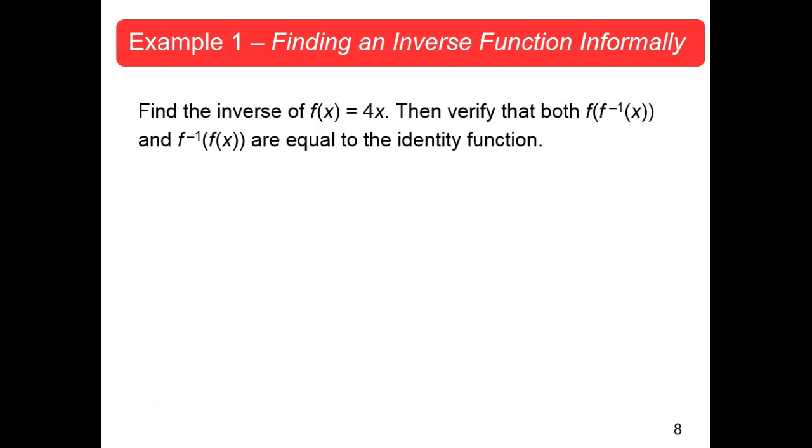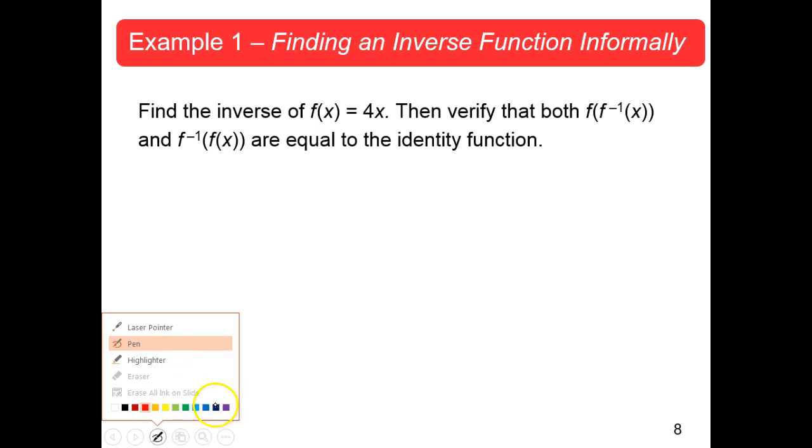What would you guess the inverse function of multiplying x by 4 might be? What operation undoes multiplication? Division. So your f inverse, at least a guess, and let's see if we're right.